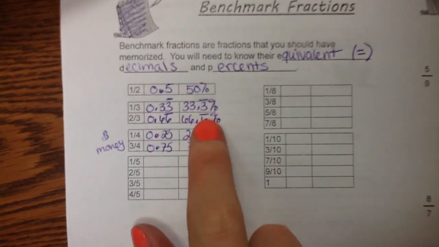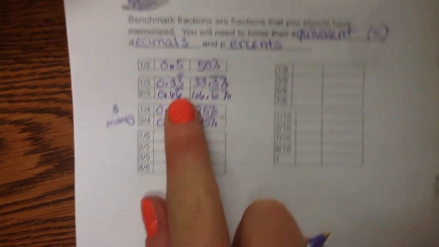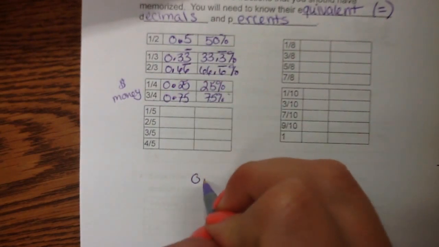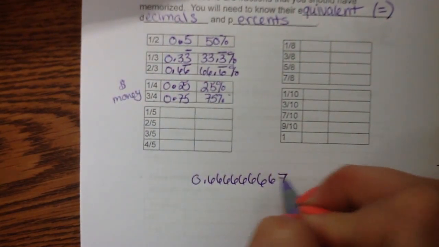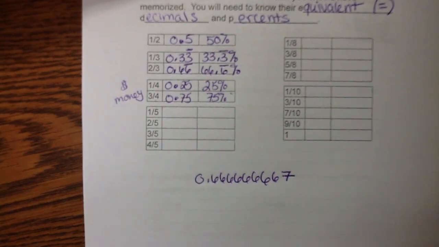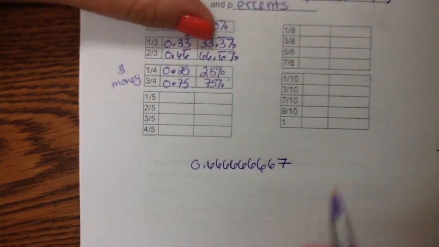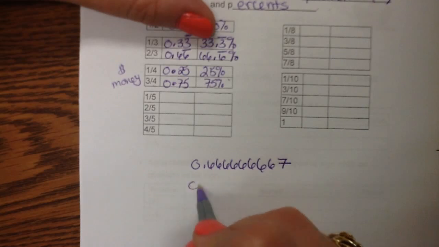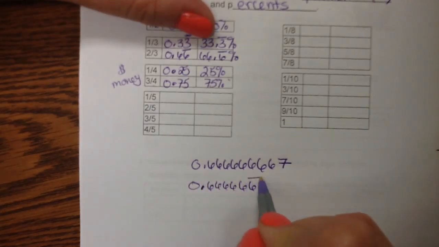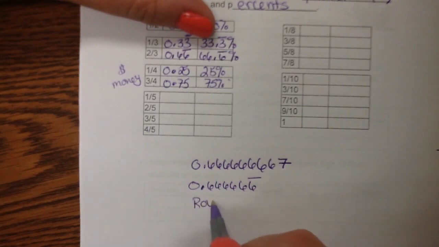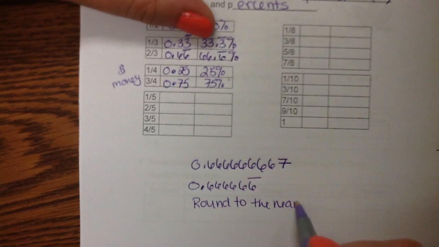Sometimes when you put 2/3 in your calculator and you try to get a decimal, you'll see 0.6666666667. What your calculator is doing is actually rounding. Let's say, for example, I have 0.666666 repeating, and I want to round to the nearest hundredth.